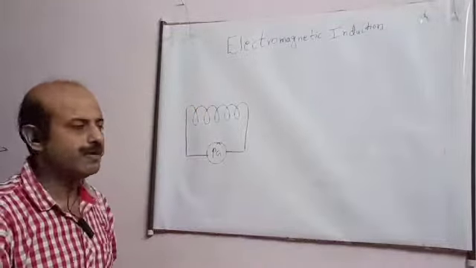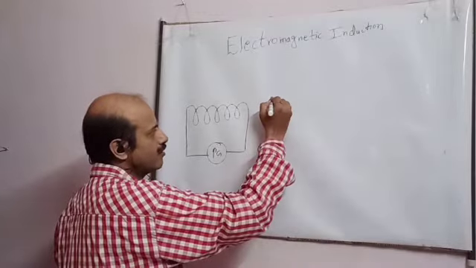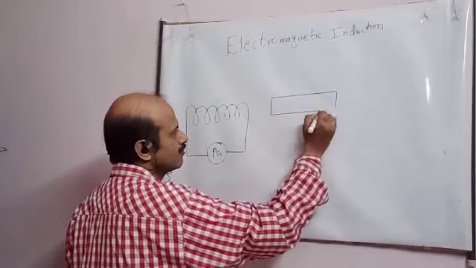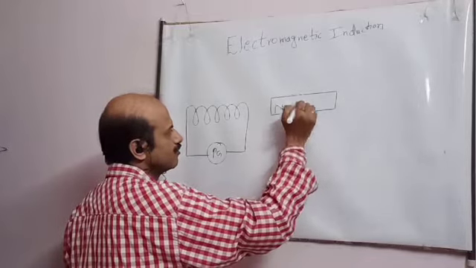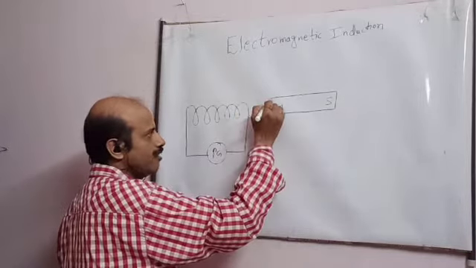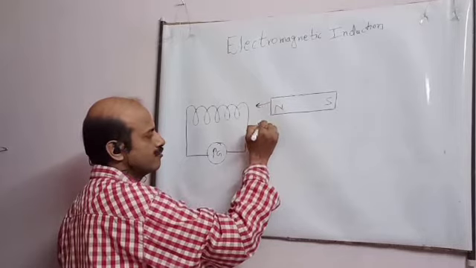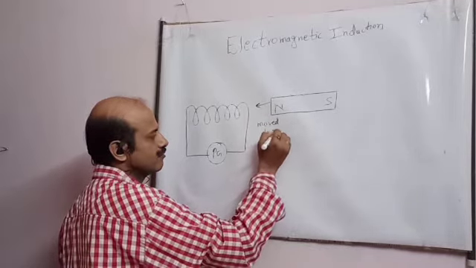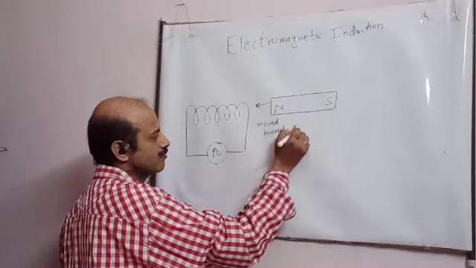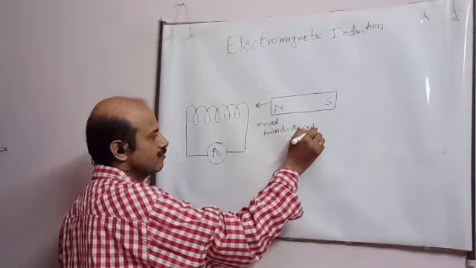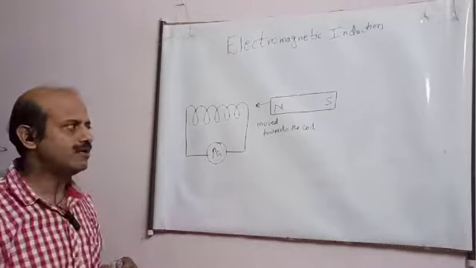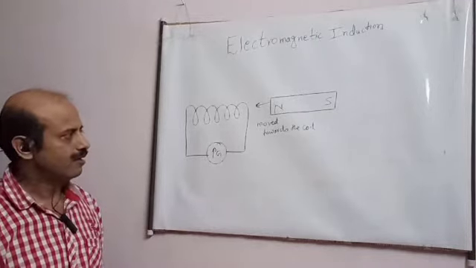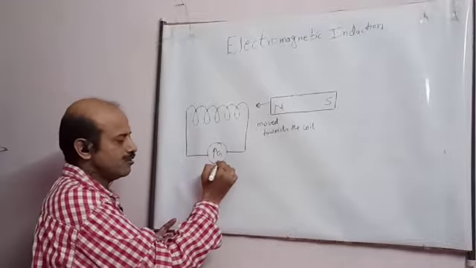Now the experiment: a magnet is moved towards the coil, student. Now what happens? This galvanometer shows deflection.